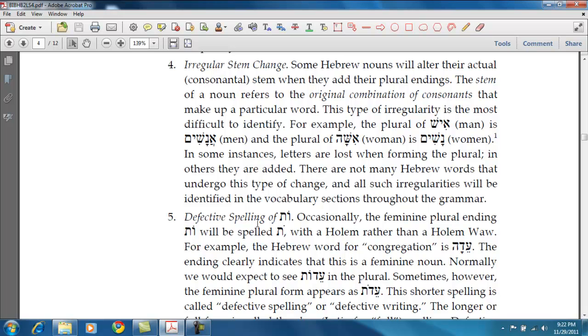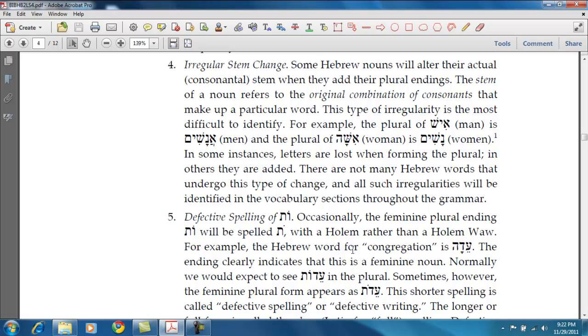Now, also in number 5, we have what is called defective spelling of ot. Occasionally, a feminine plural ending ot will be spelled with just a holam and a tav instead of a holam vav tav. We went over that briefly when we went over vowels.